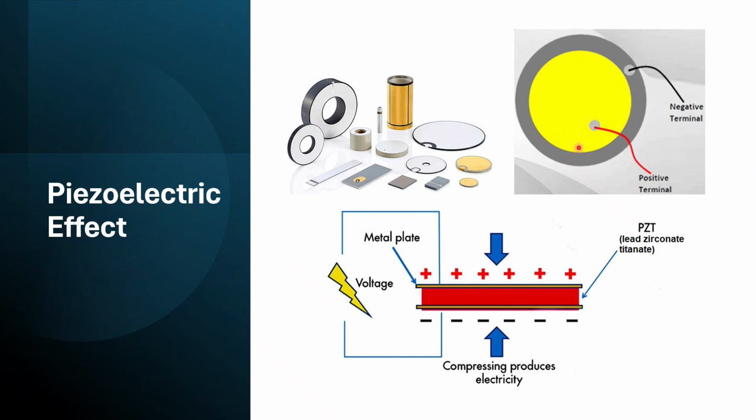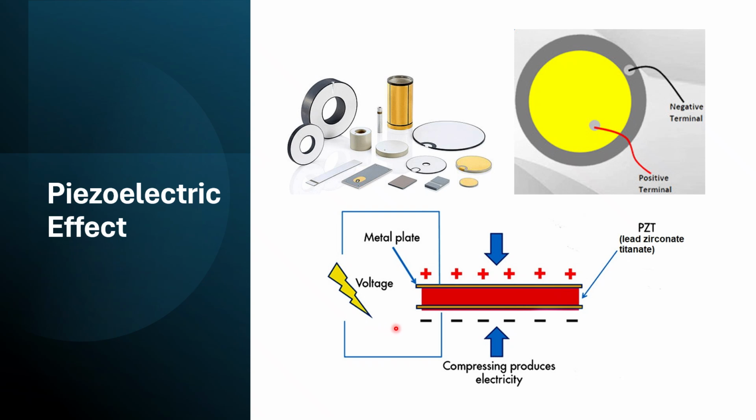It has a positive terminal and a negative terminal. The concept is that when you apply mechanical stress over a particular material, as I said quartz or ceramic, lead zirconate titanate, which we call PZT, and even some naturally available biological materials like bone or DNA, obviously electrical energy is generated.